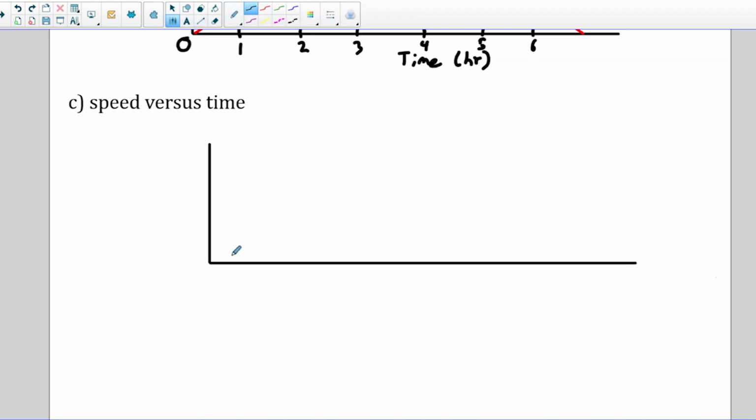In this last portion of the page, we are looking at a speed versus time graph. So we're looking at time on the bottom, speed in kilometers per hour on the y-axis. So our time, we know that we are driving for about 6 hours altogether, so we can go and do that.